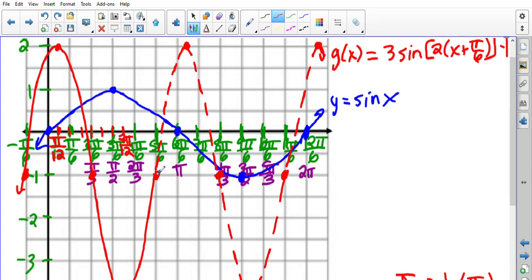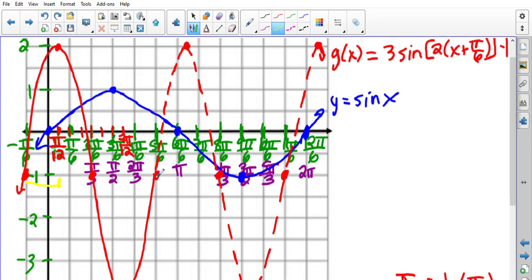Because we don't have those key points with us, the quick way of doing this is to notice how many grid squares you travel until you get to the next key point. So for example, from this key point to this key point, I traveled 1.5 grid squares. So to get to my next key point, I should travel another 1.5 grid squares.